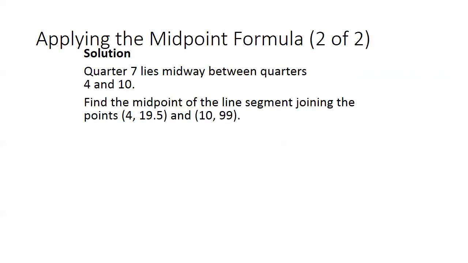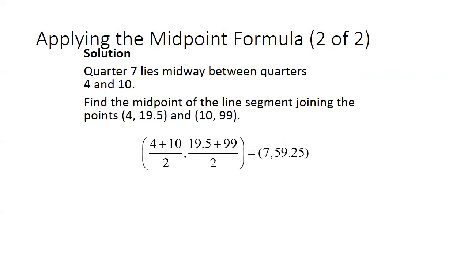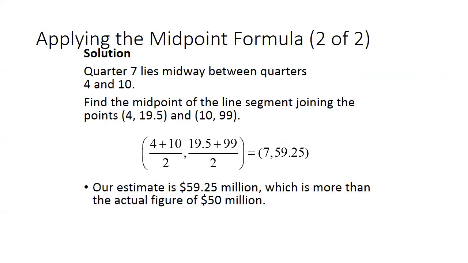So if you take a look at those 2 points as 2 given points, right in the middle of those would be how many iPads sold in quarter 7. So our estimate would be 59.25 million sold. So that would be one example of using the midpoint for this word problem.